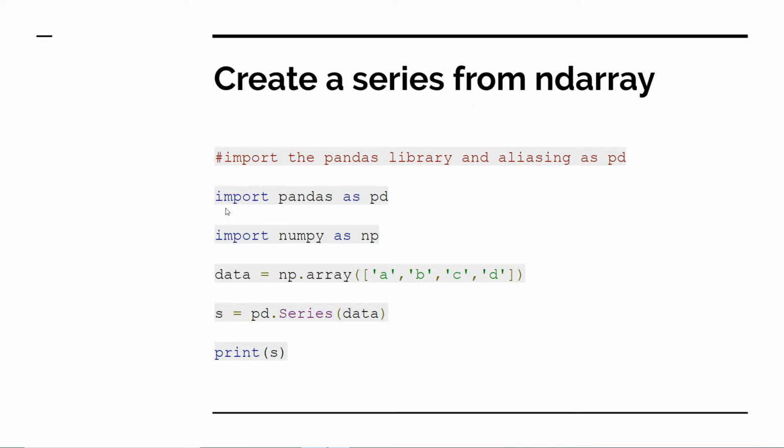First we need to import the pandas module, and as pd is an alias, so that we don't have to call pandas, meaning this many characters, to call the series function.